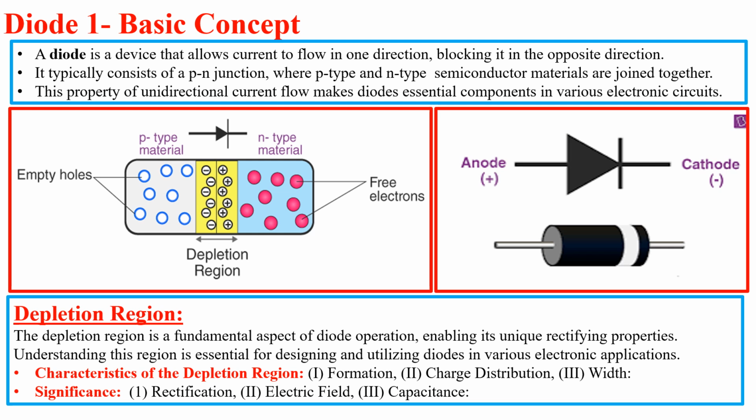This creates an electric field, and that electric field acts as a barrier to the further movement of charge carriers. The width of the depletion region is also important, and it is influenced by many factors, such as the doping level of the p-type and n-type material and the applied voltage across the junction. A higher doping level results in a narrower depletion region.